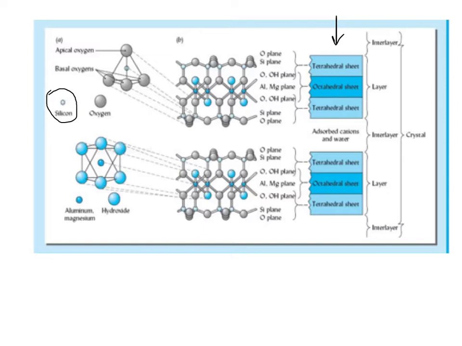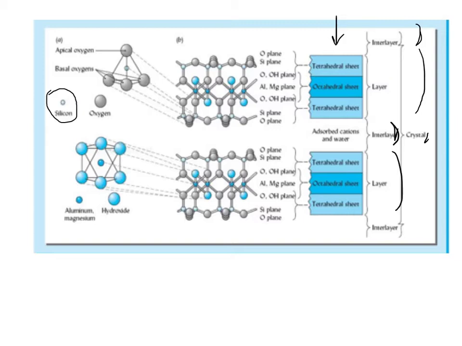At the top of this graph, you can see that we're looking at a clay. Here are our interlayer spaces, here's our layer, here's another interlayer space, and another layer. We're zooming in on these clay structures that we saw in the last figure.